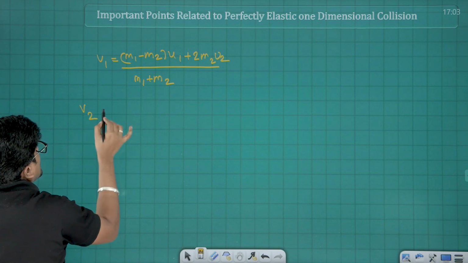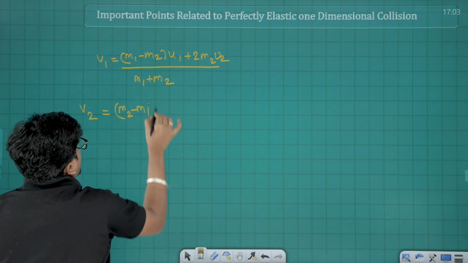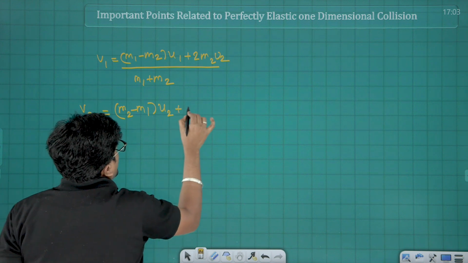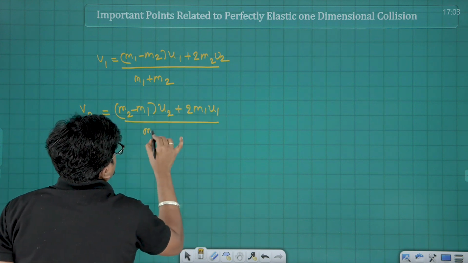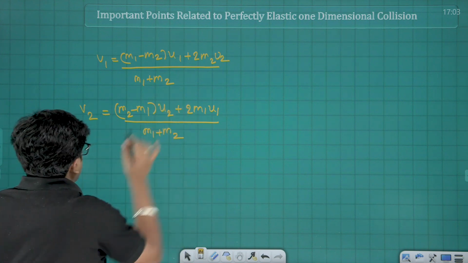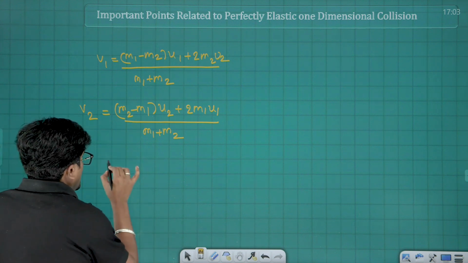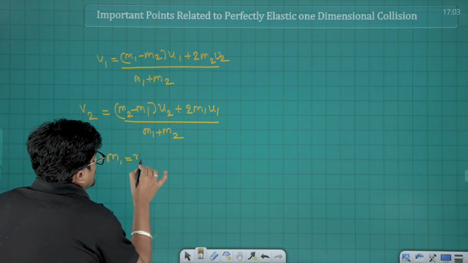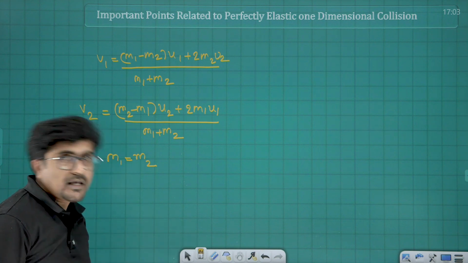And what was v2? v2 was m2 minus m1 into u2 plus 2 times m1 u1, all divided by m1 plus m2. Now special case number 1: m1 is equal to m2. That means both the masses are the same.